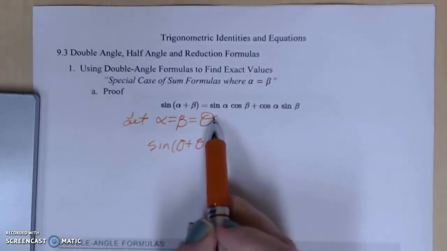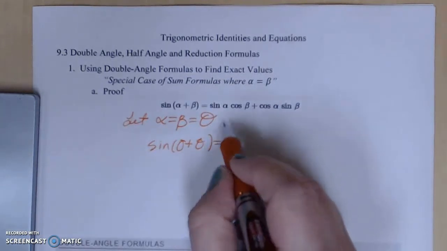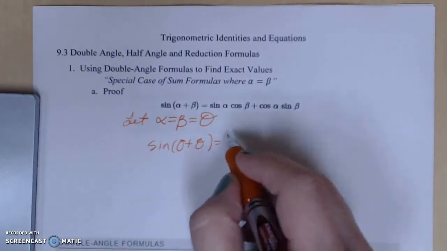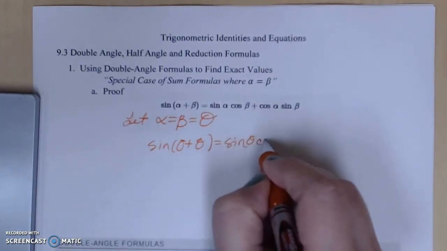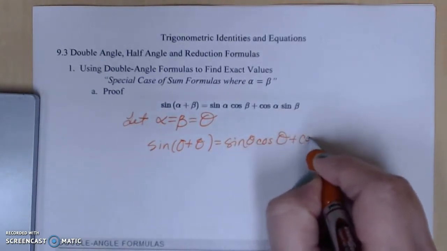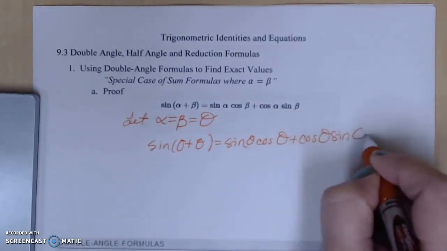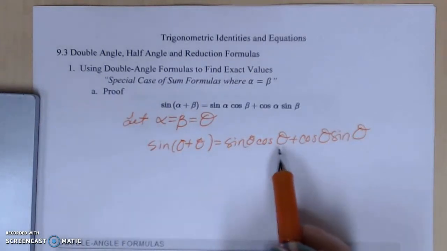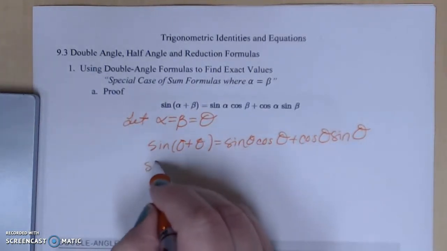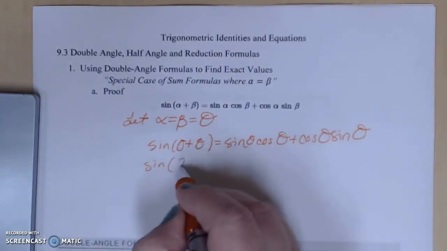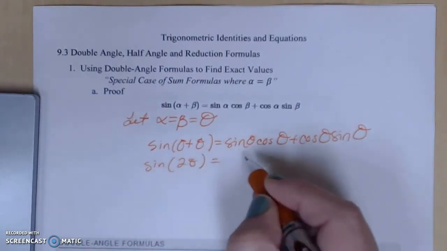So using this summation of sine, I would end up with sine theta cosine theta plus cosine theta sine theta, but multiplication is commutative. So over here I would have two thetas, combining like terms.